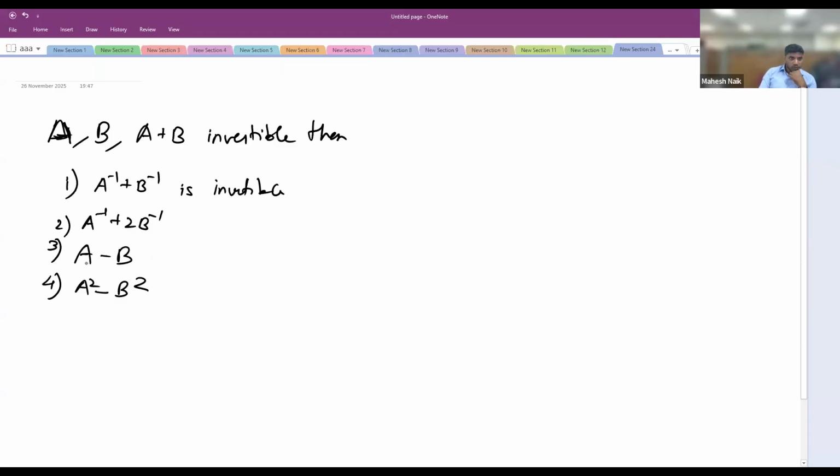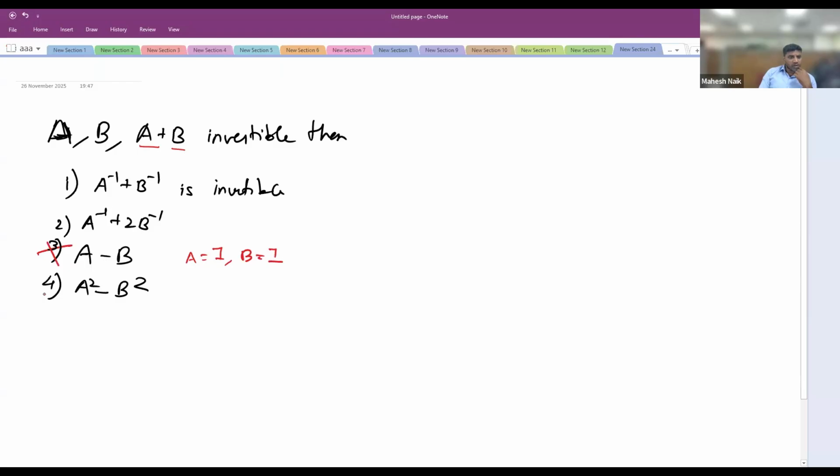With the same choice of A and B that we took earlier, if A is identity, B is identity, it will give a null matrix, and the choice of A and B is correct as identity because identity plus identity is also invertible, right? So 2I. So if I choose A equal to I and B equal to I, we can see that A minus B will be a null matrix which is not invertible.